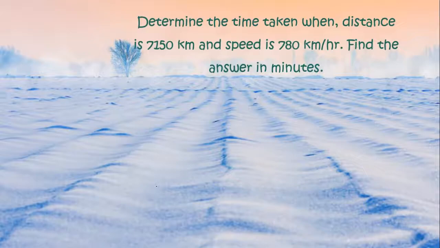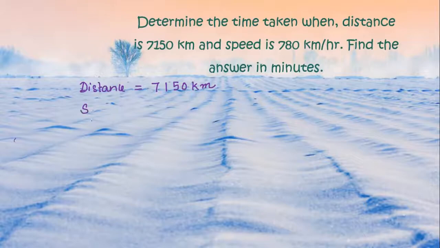Determine the time taken when the distance is 7150 kilometer and the speed is given as 780 kilometer per hour. Find the answer in minutes. Let's write the given things. So, the distance is given as 7150 kilometer.